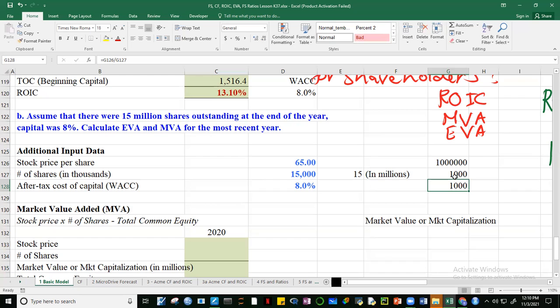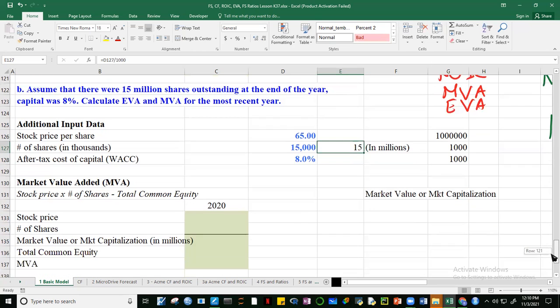How many thousands do you have in 1,000 to get 1 million? You have 1,000. Diba? So 15,000 in thousands is equivalent to 15 in millions. Okay, so I hope that's clear, no?